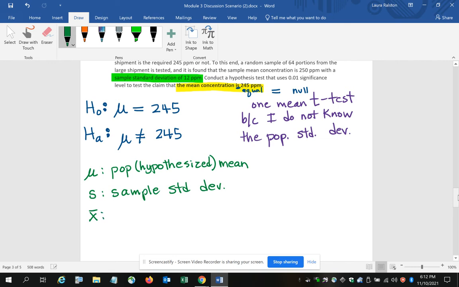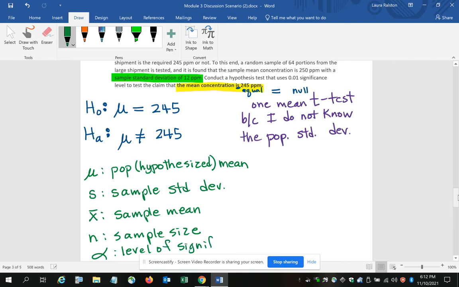You still need the sample mean. You still need the sample size. And you still need the level of significance. So really the only piece that changes is instead of the population standard deviation, you have the sample standard deviation. But everything else is given in the problem.